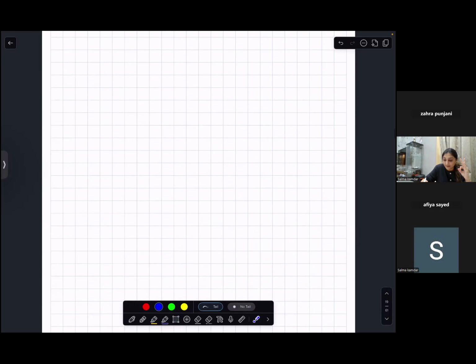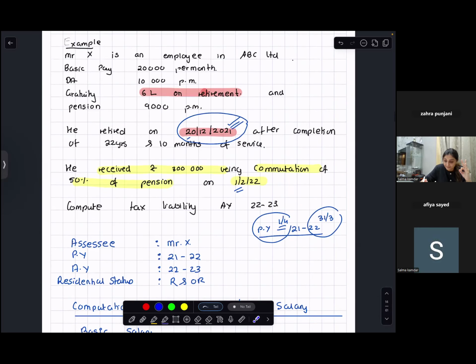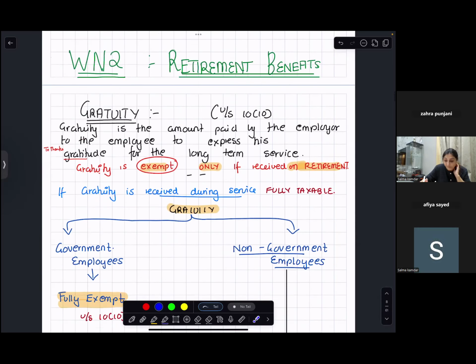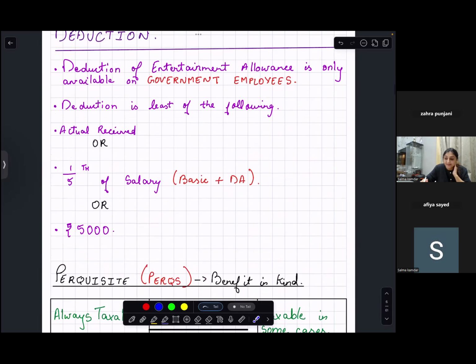Do you remember entertainment allowance? It is the allowance, 1/5 of the salary or rupees 5,000. First thing you should remember for entertainment allowance, it is available for government employees only.